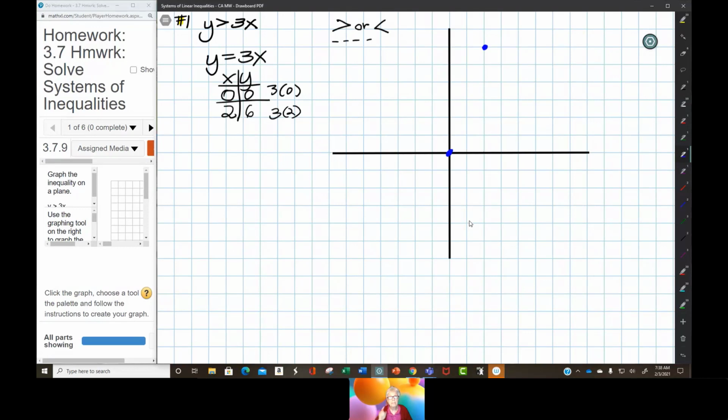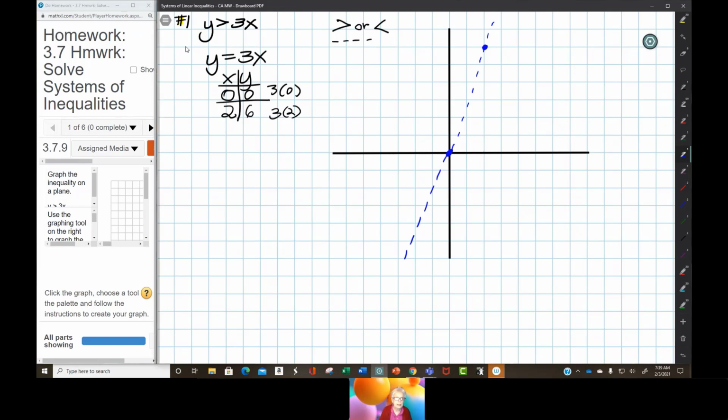I'm going to draw a line, but it has to be a dashed line. So I don't get to choose one of my handy dandy lines over here. I'm going to have to actually do this by hand, and it's liable to not be very pretty. Okay, best I can do.